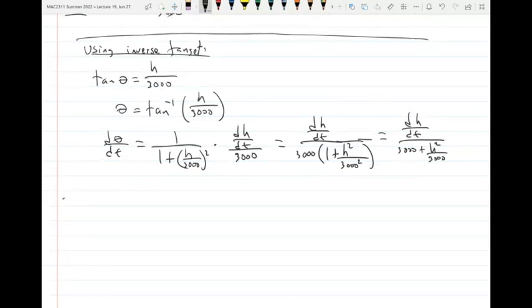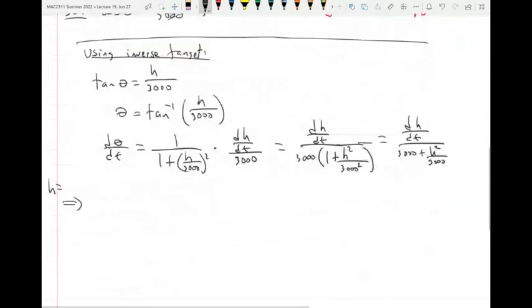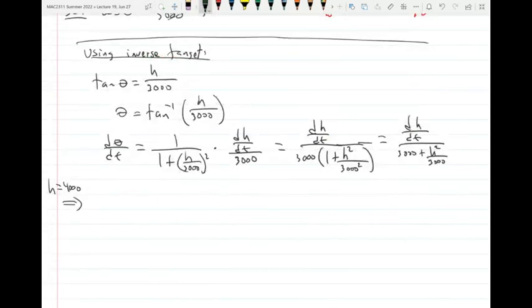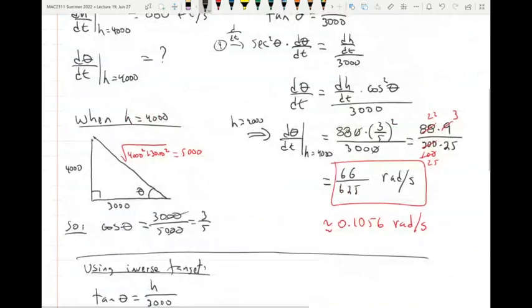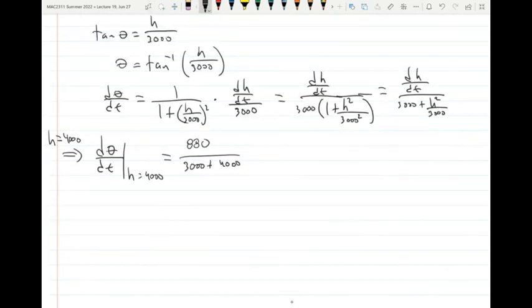Okay, so then let's plug in h equals, what was it? 4,000. So h equals 4,000. Then we get that d theta dt at this point equals dH dt, that's 880, over 3,000 plus 4,000 squared over 3,000.